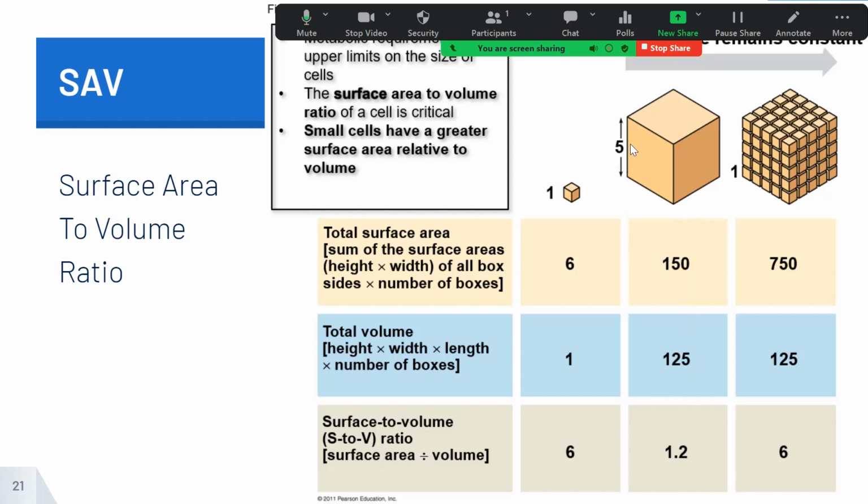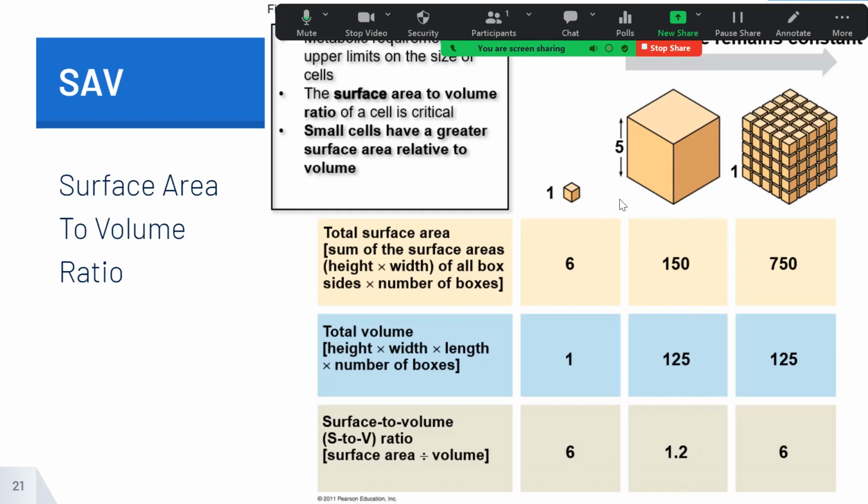And if you think about getting nutrients from a little side all the way to the middle, things can diffuse or move into that cube much easier if the cube is small. If it has to diffuse all the way to the very middle, that's going to take some time, and it has to move through that membrane to get in there.